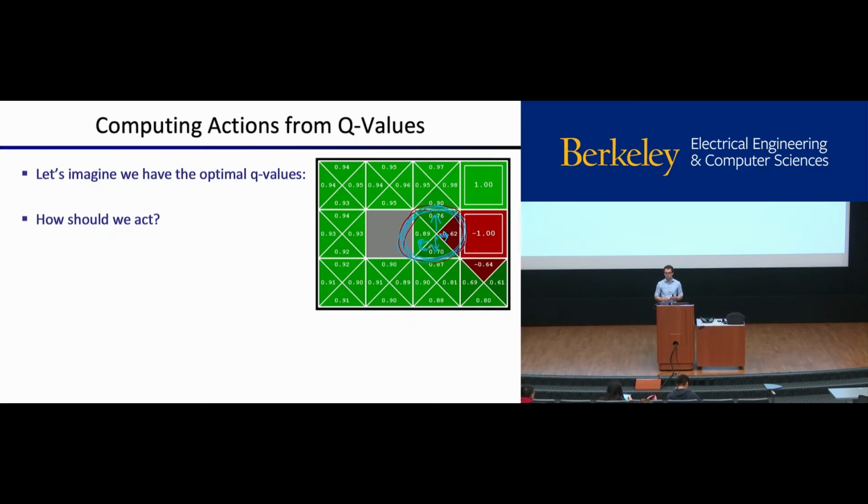Which one of them looks the best? We got a 0.76 going up, a 0.70 going down, a 0.89 going west, and a minus 0.62 going east. If this were me, I would pick going west. That's this one. This seems to me to be the best Q value of all those 4 Q values.